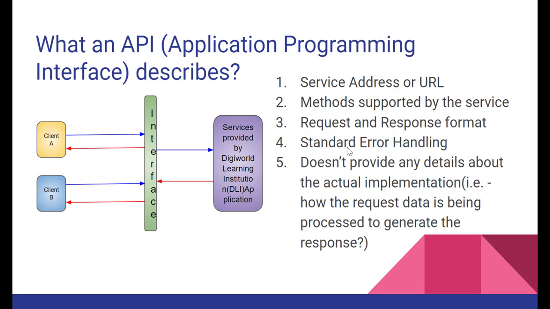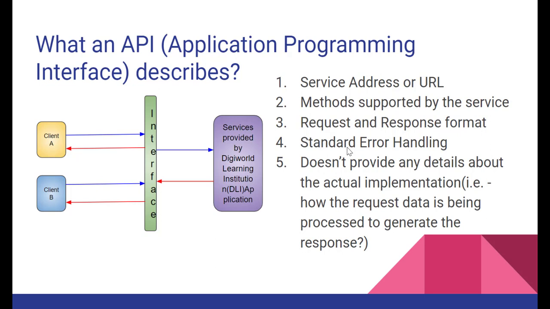Whatever request we have received at our service needs to be processed, and then that data should be transformed into the proper response. The API doesn't provide any details about the actual implementation, like how the request data is being processed to generate the response, right?